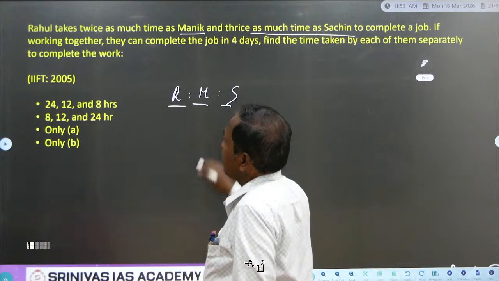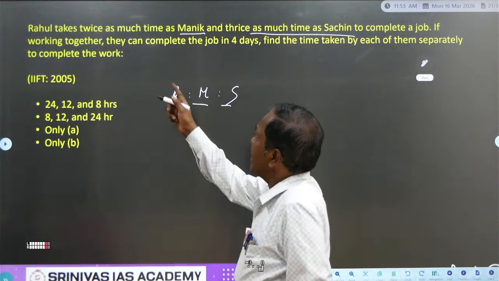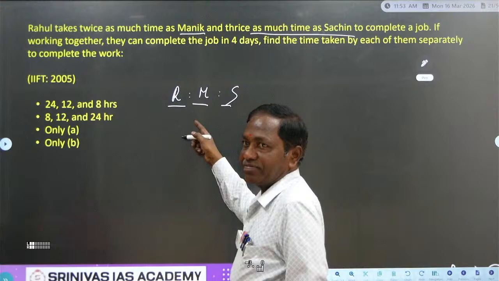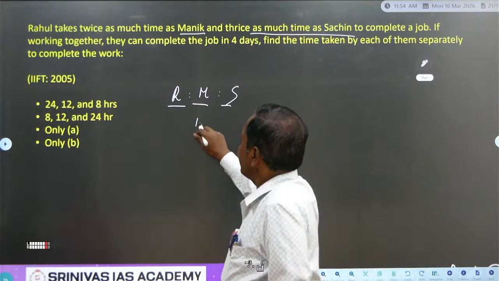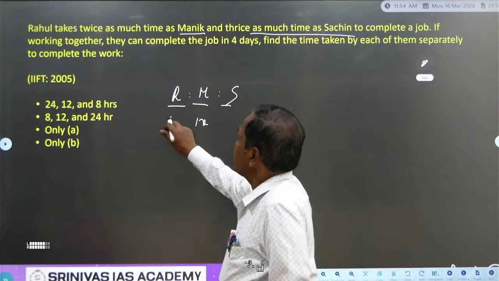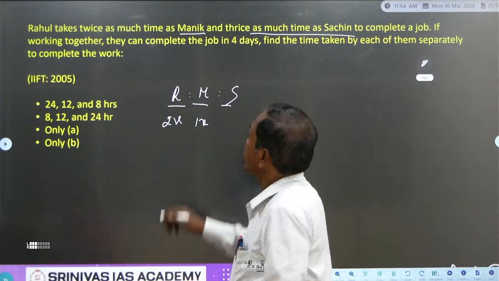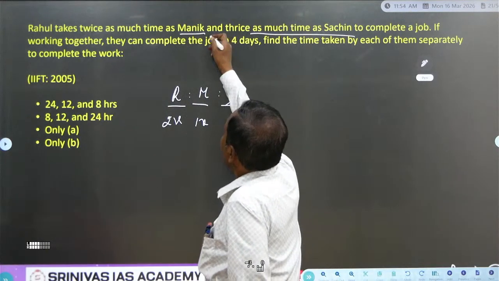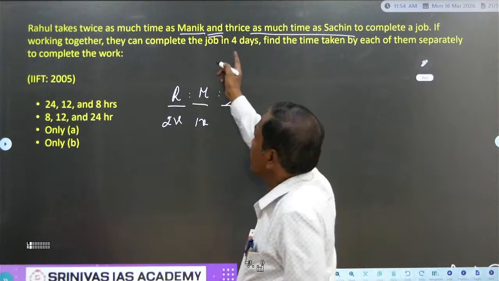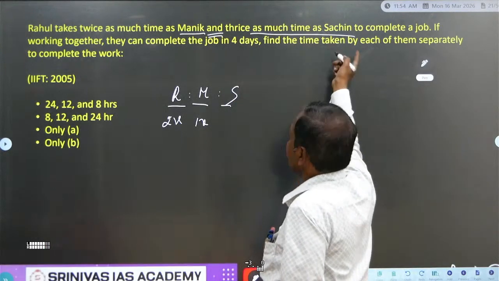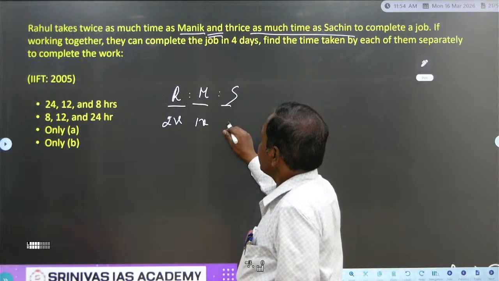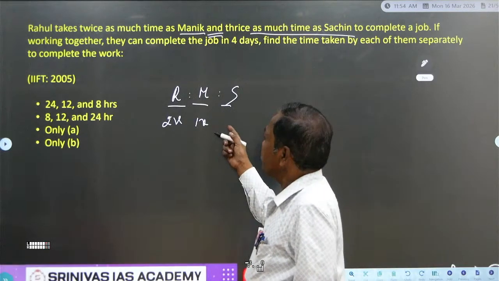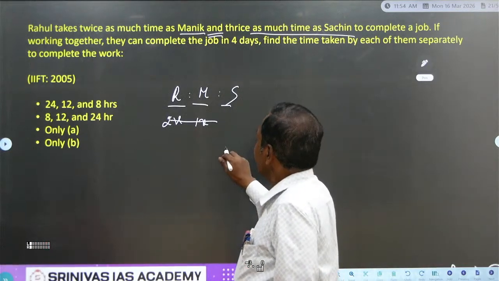It says Rahul takes twice as much time as Manik. Let us say 1x, twice, so let's say 2x. Again it talks about Rahul only. Rahul takes thrice as much time as Sachin. Thrice means how do you write? Let us put 1x.